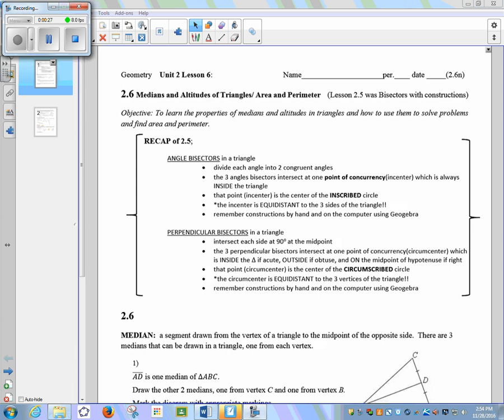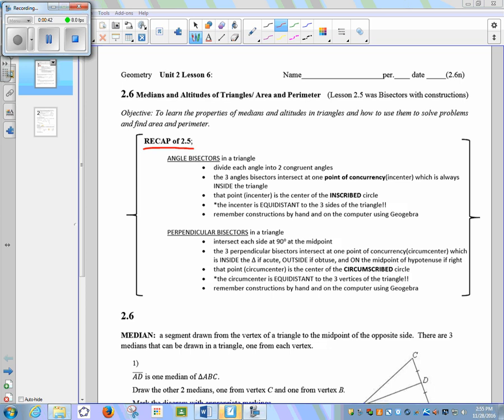I'm going to start here with a little recap from 2.5. I'm going to let you take those notes and read them on your own. We did 2.5 angle bisectors and perpendicular bisectors before.